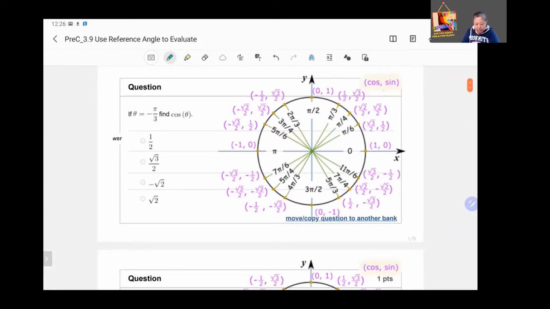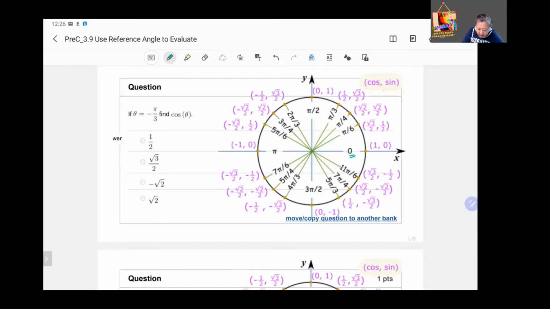Next one. Now, theta is given as a negative angle. It's negative pi over 3. Okay, then we need to know how to measure an angle negatively. It starts from the standard position again, and then this is 0. And from there, I would not go up to count the angle counterclockwise. In order to have negative angle, I have to go clockwise.